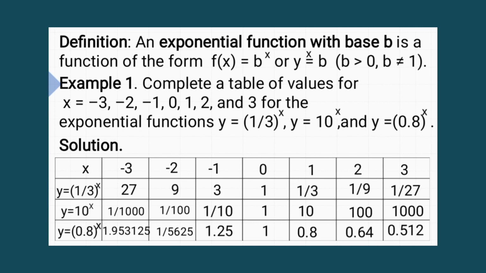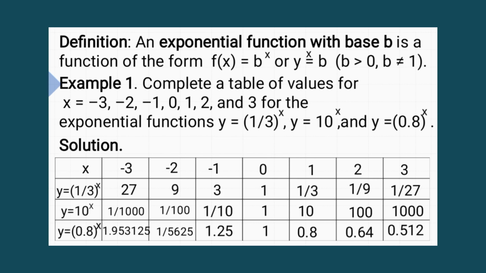All we have to do here is to substitute -3 for x. Since our exponent is a negative number, just get the reciprocal, so it will become 3/1. So 3 raised to 3 is 27.